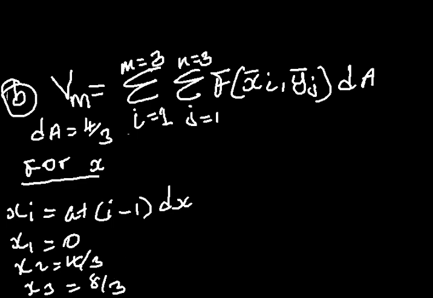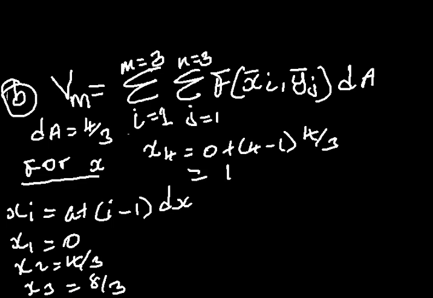We have to get the upper value on the interval of x, so we go for x4. x4 can be given as 0 plus 4 minus 1 times 4 over 3, and that should be 4. So that's how we should have it there.